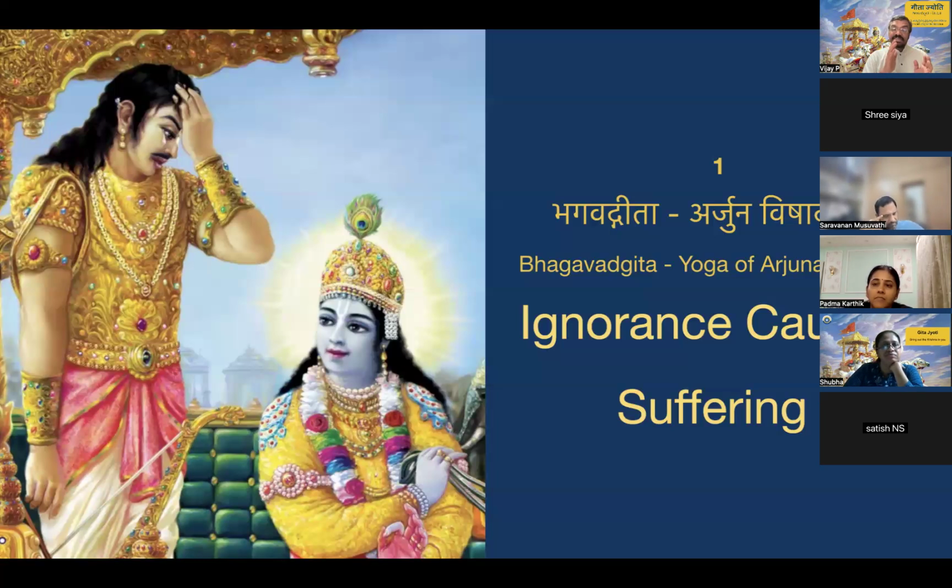And Meera, when she says, I am the wife of Krishna, Krishna is my husband, she has recognized the consciousness in her and she has become one with that. That is the spiritual meaning of the marriage. It is the marriage of the energy with the consciousness principle.